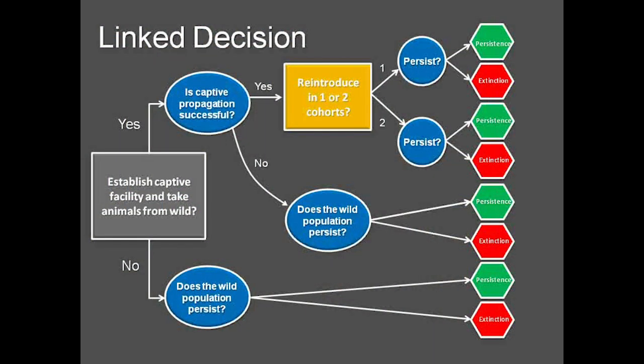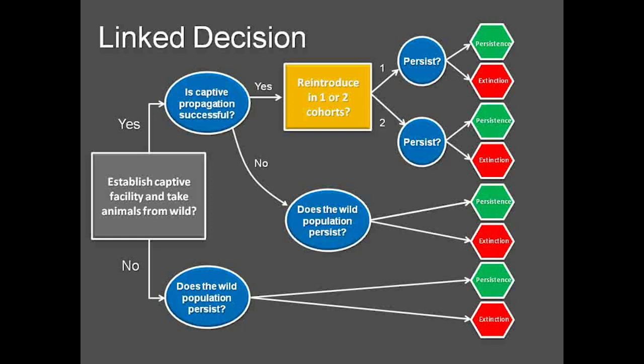Now imagine the situation where you're deciding whether to establish a captive facility for some endangered species. If you do that, you'll have to bring animals in from the wild. When you do that, you can't know for sure at that point whether captive propagation will be successful.